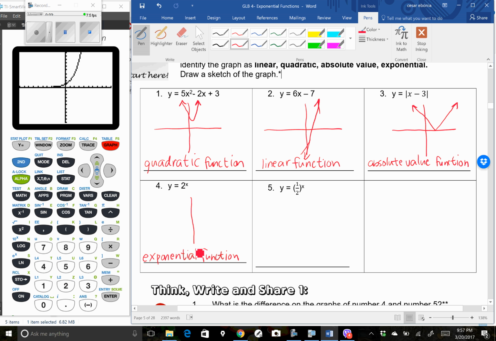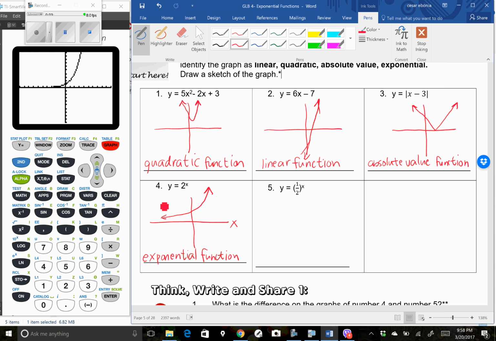So the sketch here. Now in the calculator, it looks like the graph is crossing the x-axis, but it's actually not. So when you make a sketch, make sure that it's actually not touching the x-axis, but it's a half curve, getting closer and closer to the x-axis, but it will never cross the x-axis. And that is a very important characteristic of an exponential function.